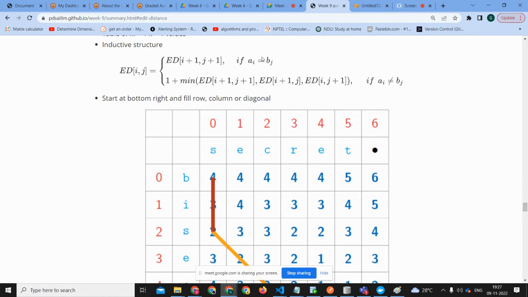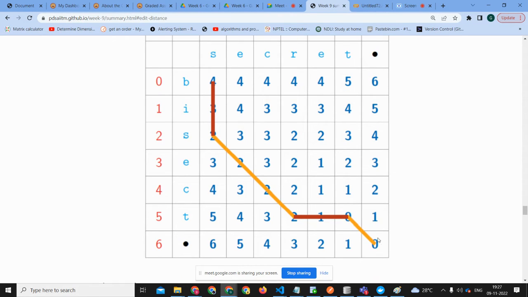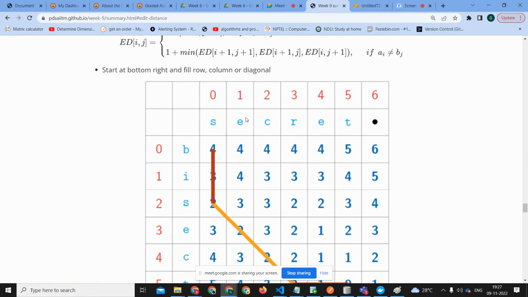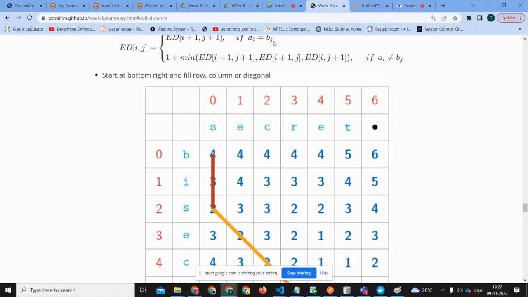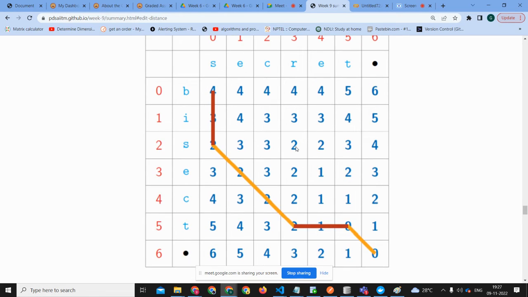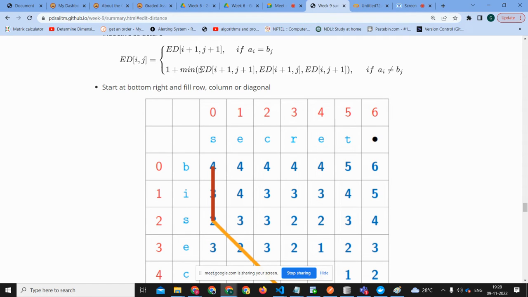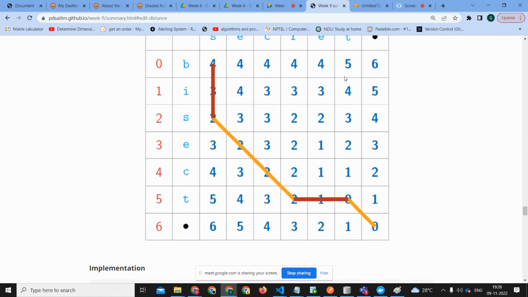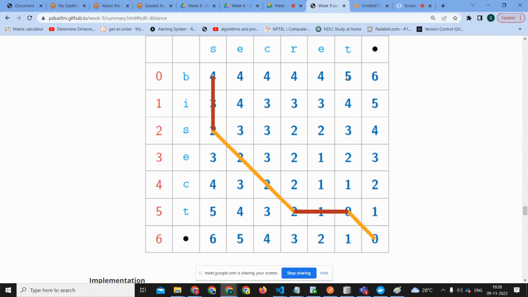If a of i equals, if they are equal, so if t and t are same, so whatever is on the lower diagonal, you put it here. If they are same, whatever is on the lower diagonal, you are supposed to put. If it is not same, minimum of the diagonal, the left one and the right one.